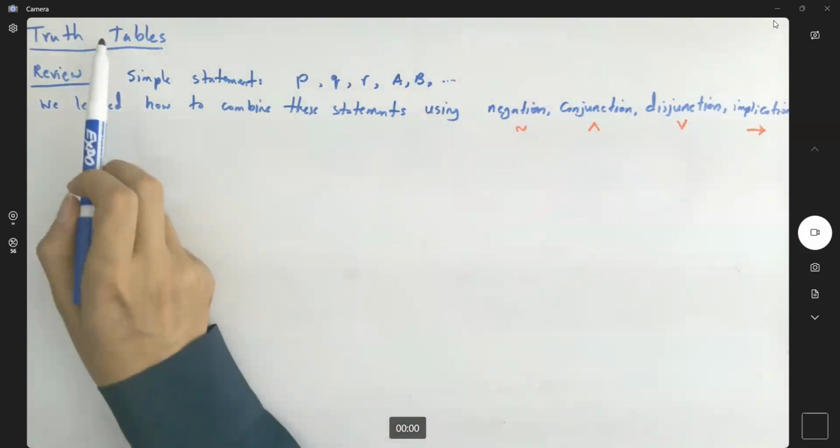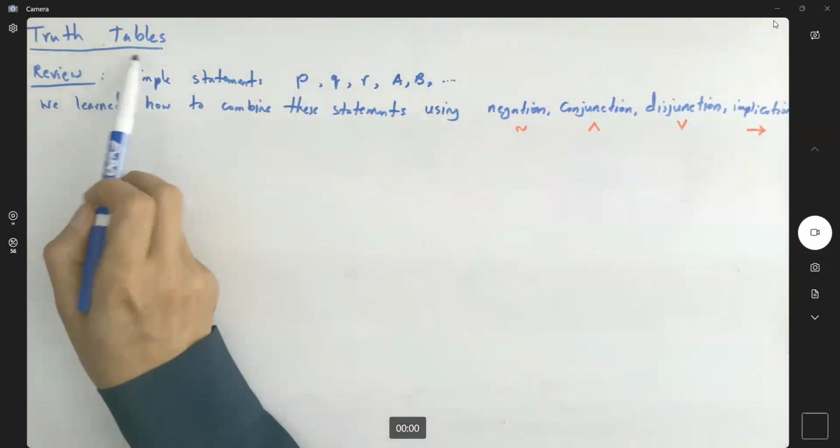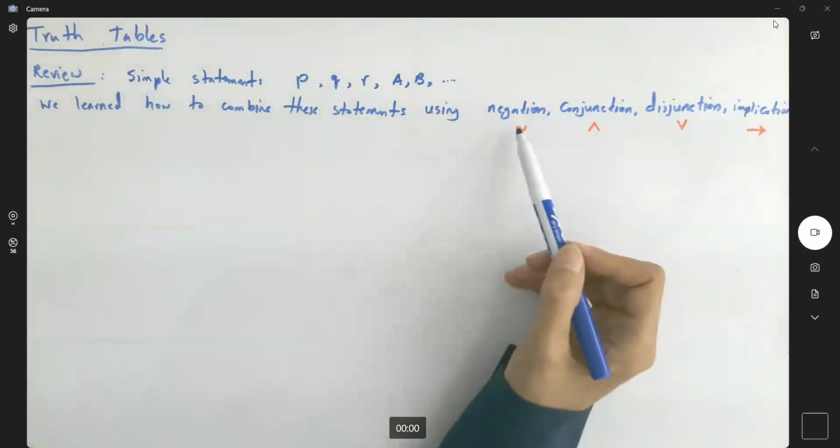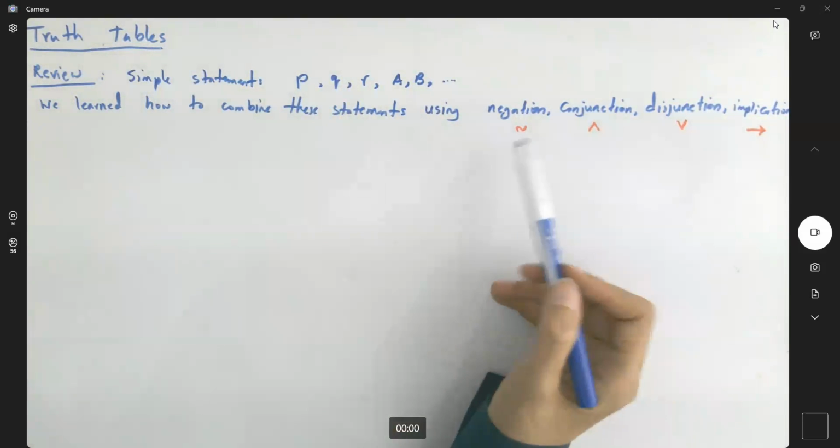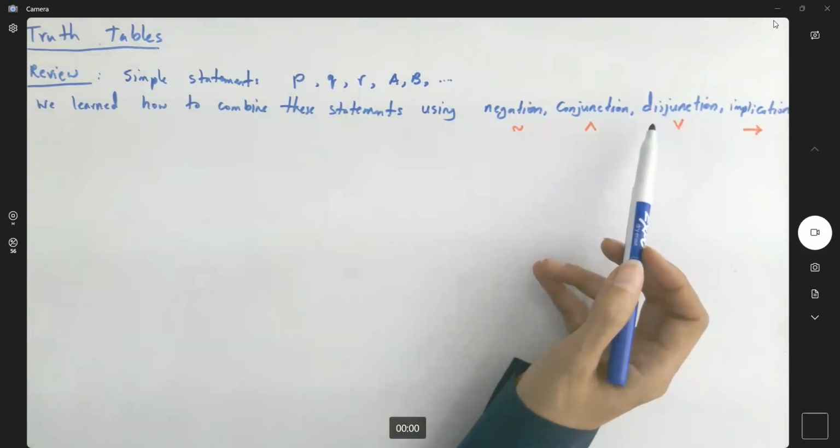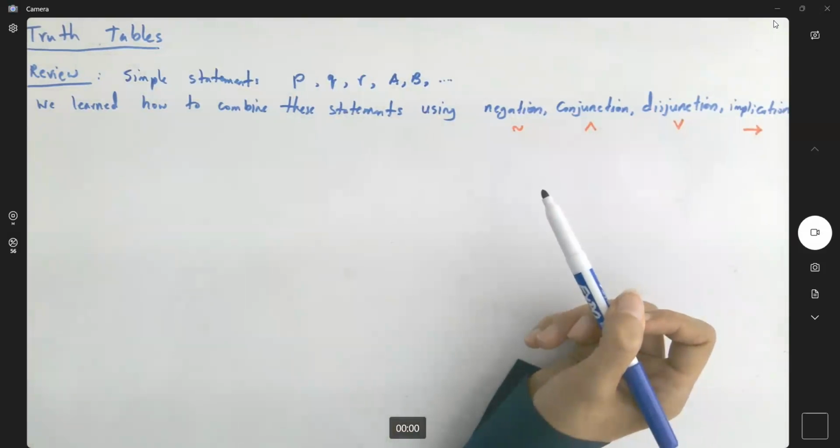Then we introduced truth tables to help us write the truth and falsity of these new statements in a compact, nice form.